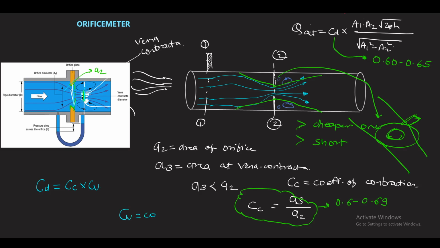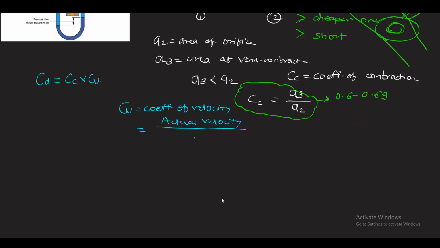Cv is the coefficient of velocity, and that is nothing but the actual velocity divided by the theoretical velocity. So this is the equation that you need to remember always: CD equals Cc into Cv.